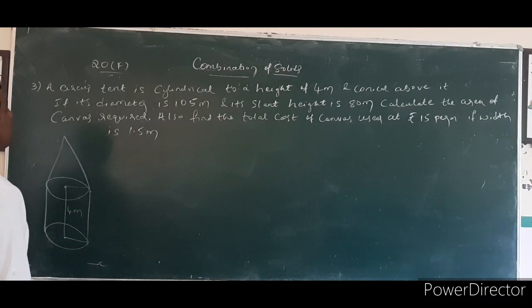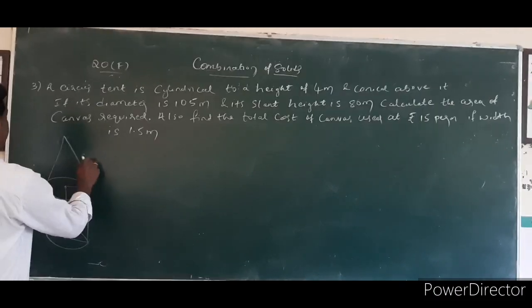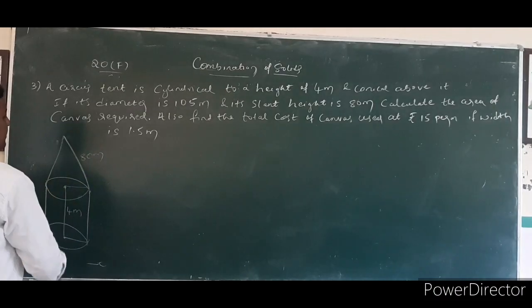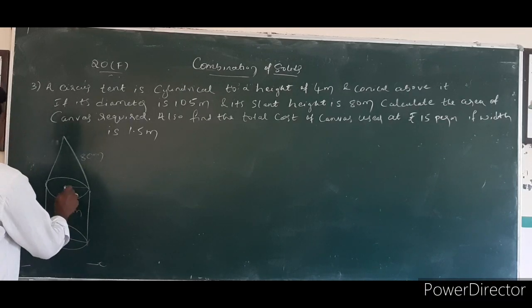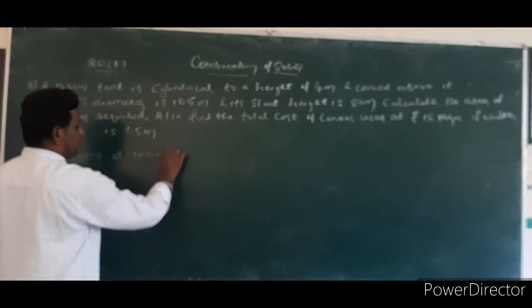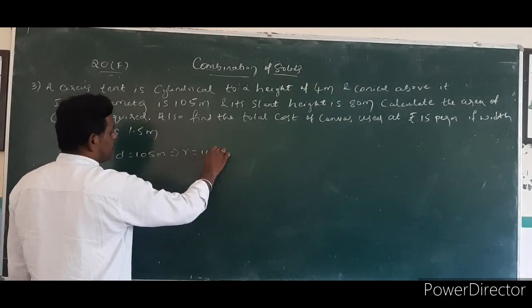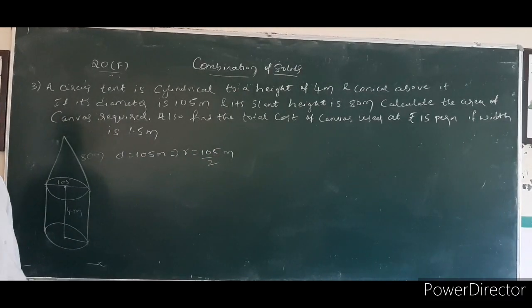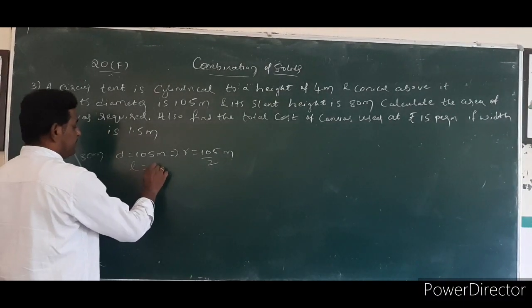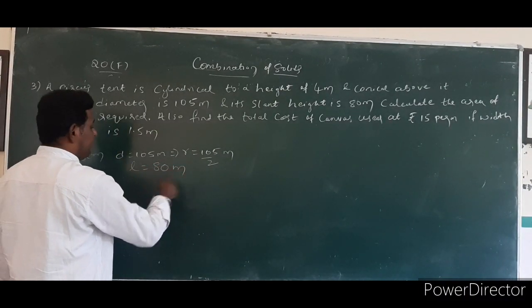The slant height of the conical part is given as 80 meter. And the diameter of the base is given, the full diameter. So diameter is equal to 105 meter, which means radius is equal to 105 divided by 2 meter. And the slant height of the cone is 80 meter.